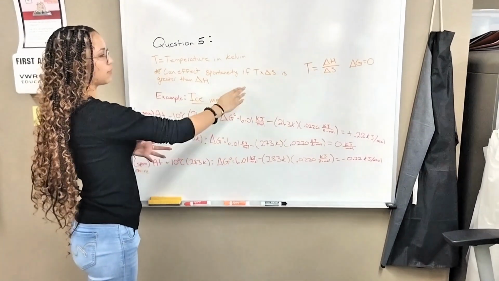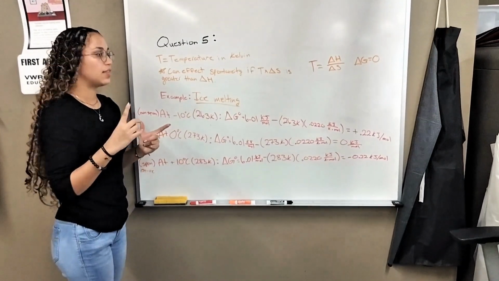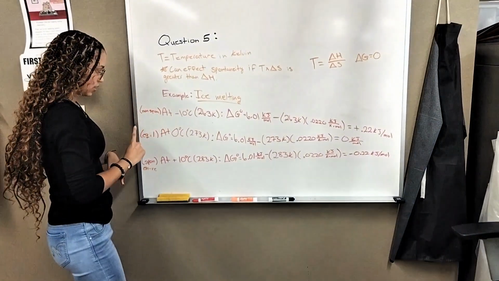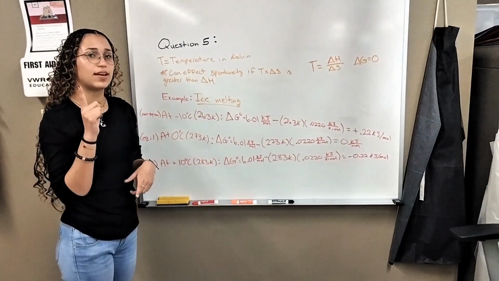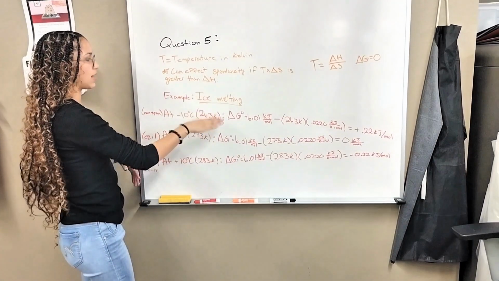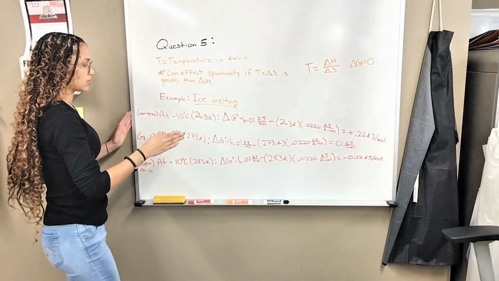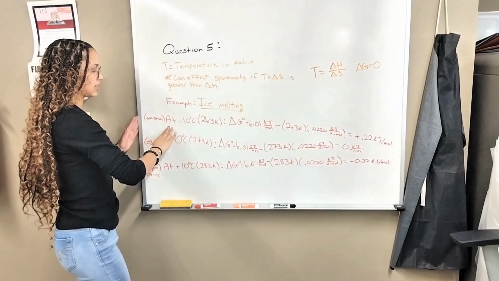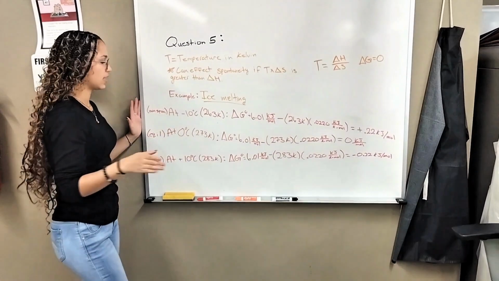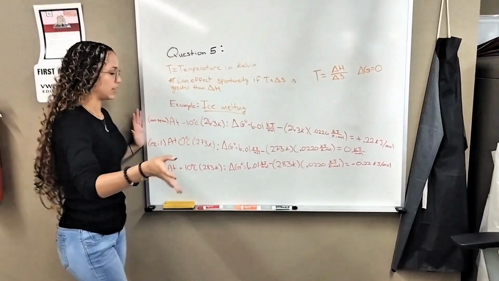If your temperature times your delta S is greater than your delta H, then it's going to be a spontaneous reaction. That is easily demonstrated down here by the ice melting reaction. When the recording starts, the ice is at a temperature of -10 degrees Kelvin, and it is non-spontaneous, meaning that it absorbs energy.